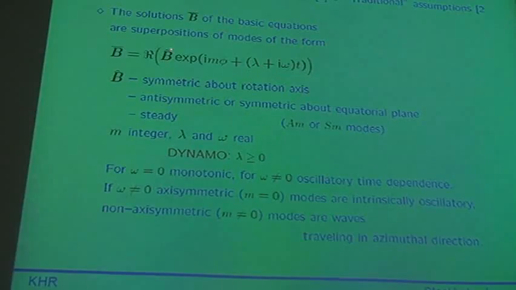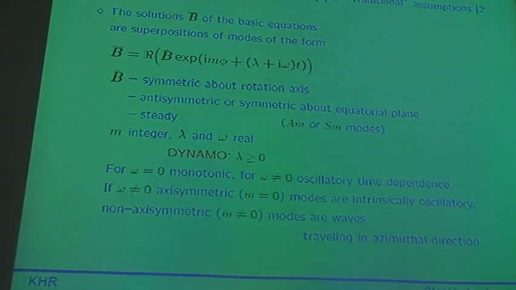Where this B hat is symmetric about the rotation axis, and it could be symmetric or antisymmetric about the equatorial plane. Both types of solutions are possible, they are steady. We speak then of AM, antisymmetric modes, and SM, symmetric modes, where M characterizes azimuthal dependence.